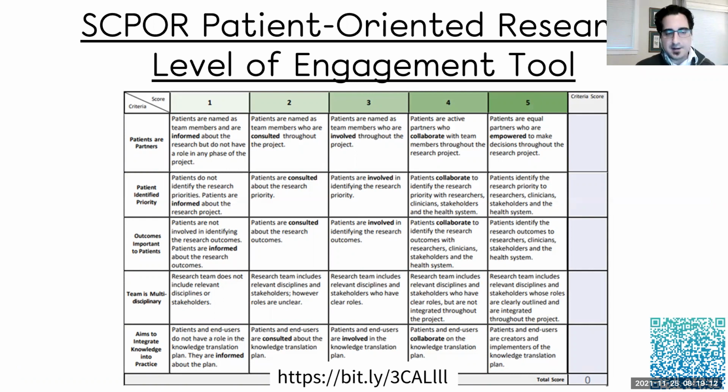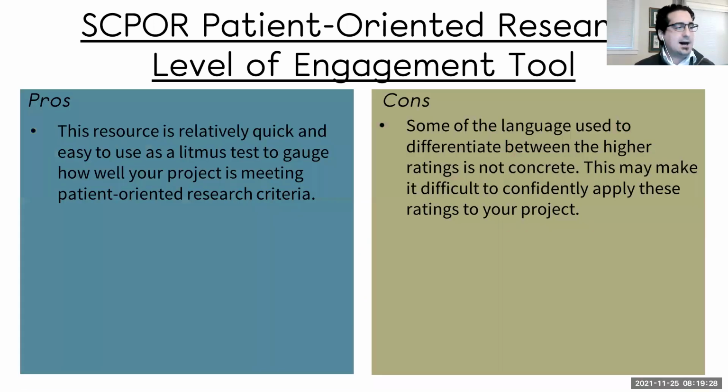You can see that their involvement spans a continuum from informed to fully empowered, but it gets a bit challenging to fully differentiate between collaboration and empowerment and how those fit neatly into a project. That might make it challenging to confidently apply some of these criteria to your project without more deliberate reflection on the part of you and your team.